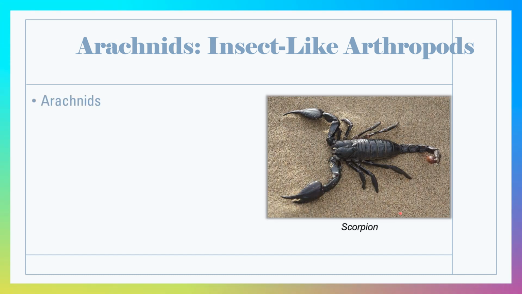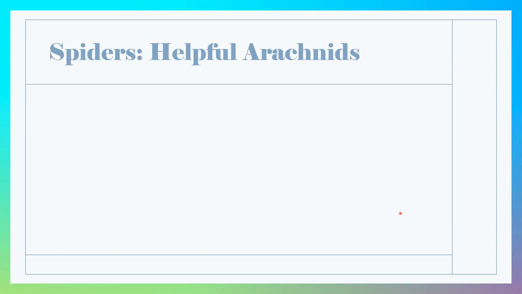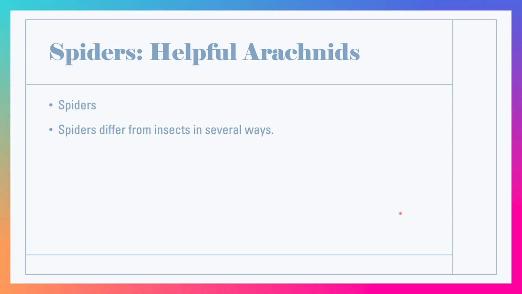The arachnids include spiders and scorpions, as well as daddy longlegs, mites, and ticks. The spider is considered, from most perspectives, in a positive light. Spiders differ from insects in several ways, and a very common quiz question is, how are spiders different than insects?